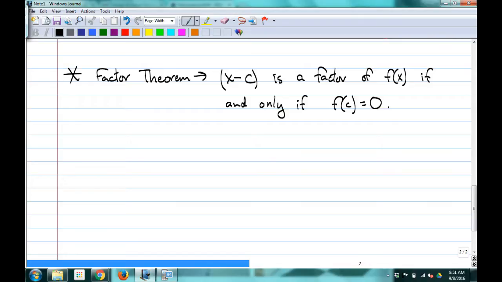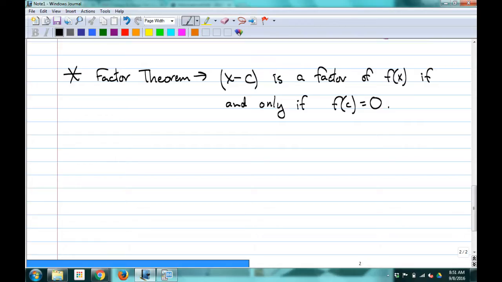If and only if is a pretty strong statement in math. That means it goes both directions. It means if x minus c is a factor of some polynomial, then if we plug in just plain c into that polynomial for x, it'll get us 0 as an answer. If it's a factor, then that helps us find zeros out of that.